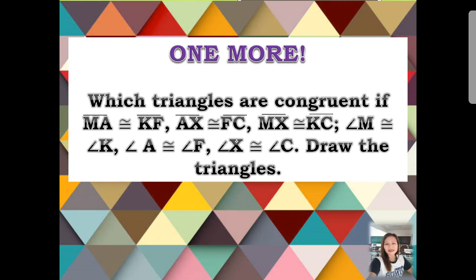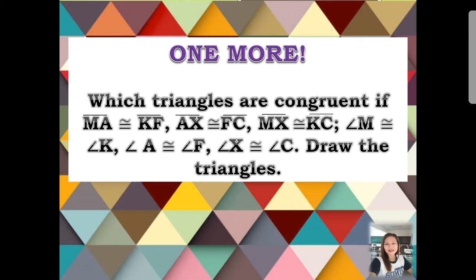Next, one more. Which triangles are congruent if side MA is congruent to side KF, side AX is congruent to side FC, side MX is congruent to side KC, angle M is congruent to angle K, angle A is congruent to angle F, angle X is congruent to angle C?